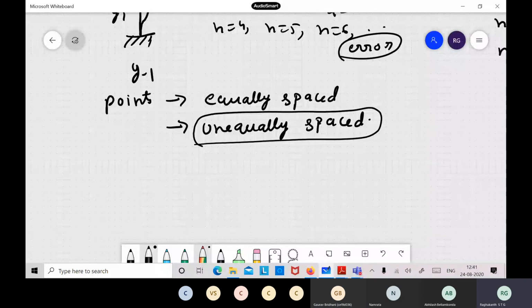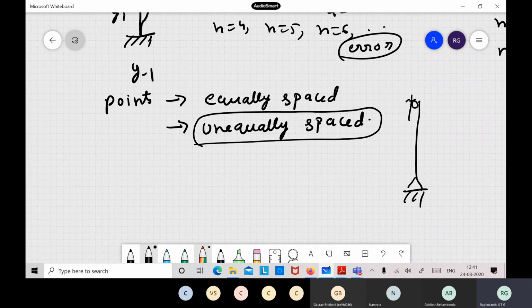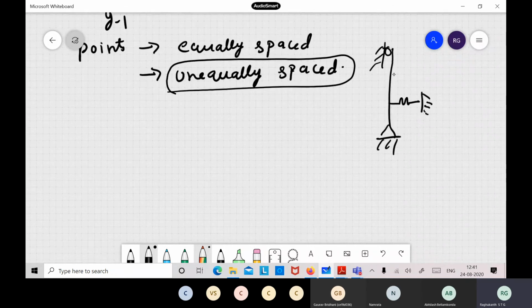What does it mean, the boundary condition? For example, if you have a column like this, and let us say it has this kind of a boundary condition, like a spring, or maybe some different cases.